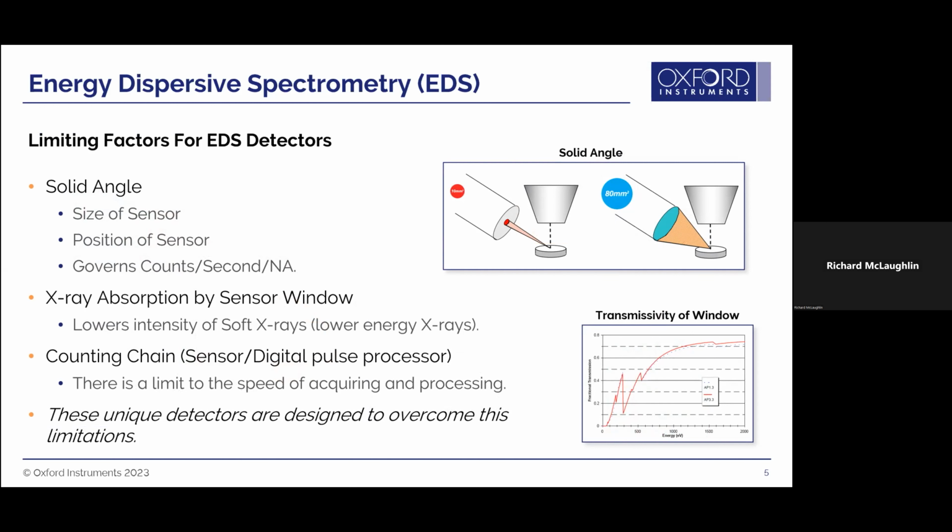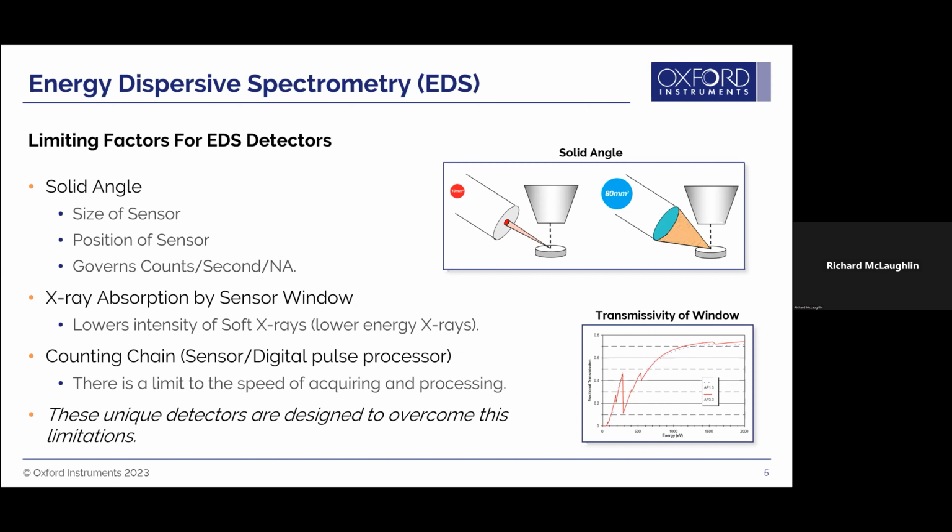You can see that around 1 keV there's a severe drop-off in the proportion of X-rays that can actually penetrate that window. When you get down to beryllium, I think you're probably down to around 6% actually getting through. So most of those low energy X-rays are lost, and that's not even including the X-rays trying to get out of the sample. This is just the window. So the unique detectors are designed to overcome these limitations.